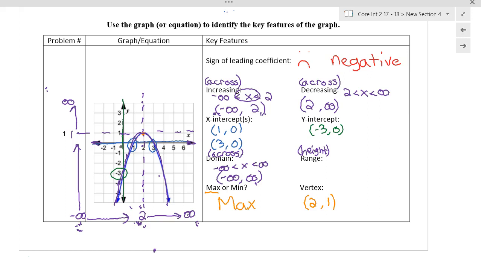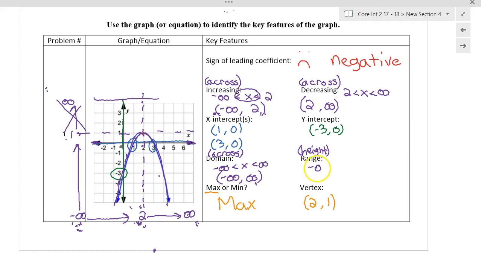So for the range, I'll look where my graph exists. If I look between these two points, my graph exists between there. If I look at these two up here, there is no part of my graph, that parabola, that's between those, so we don't care about that. We only care about negative infinity to 1.